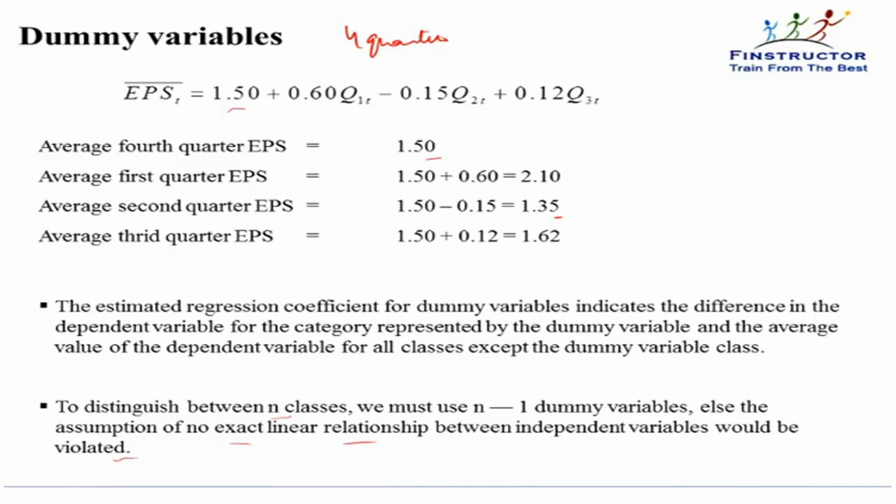The sales in one quarter would be related to the sales in another quarter, and the assumption of no multi-collinearity that we will study is that independent variables cannot be strongly correlated with one another. That is why if there are n classes, you must use only n minus 1 independent variables.